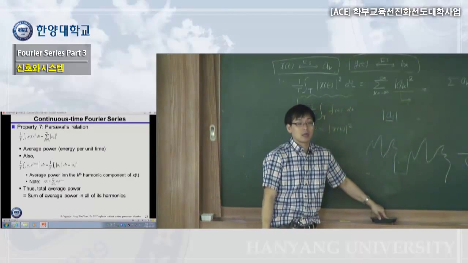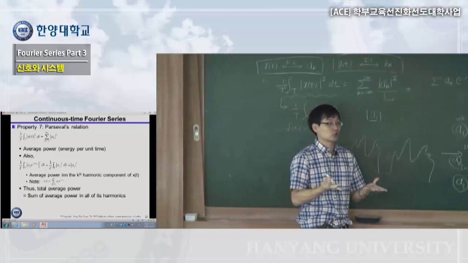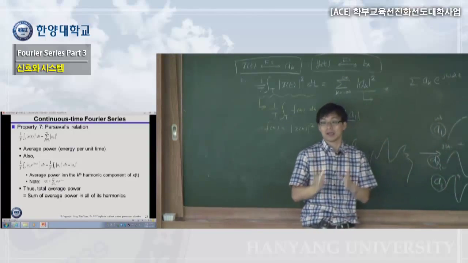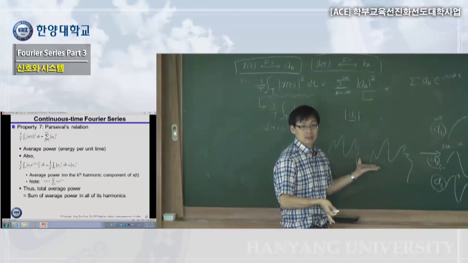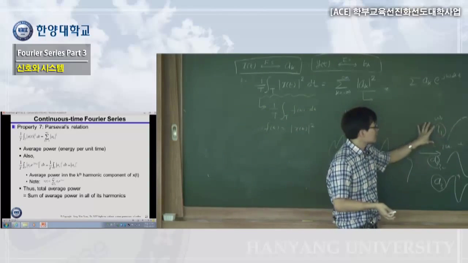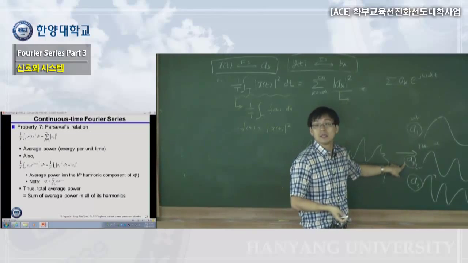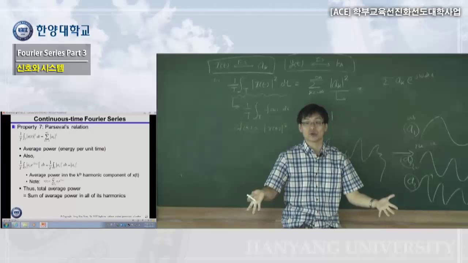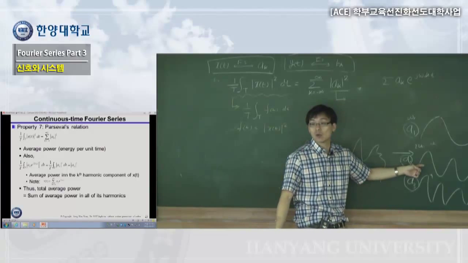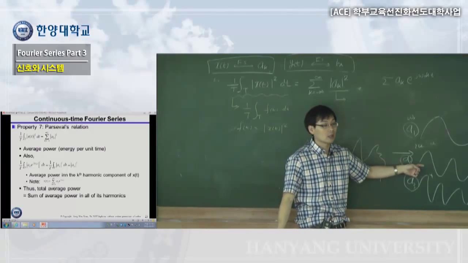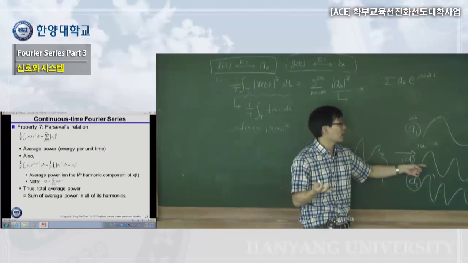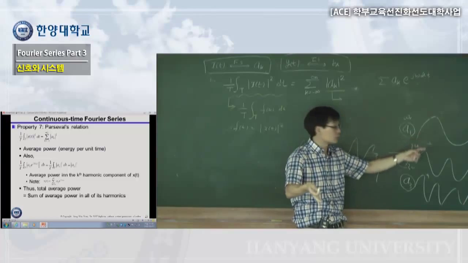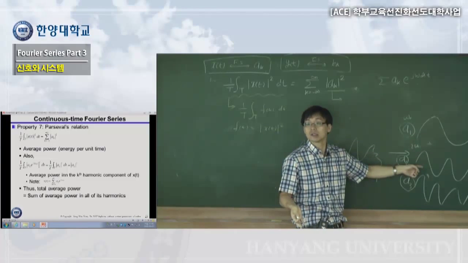This ak represents how much each frequency component occupies in x. If this is 10, this is 1, it means that this one has 10 times the occupation compared to 1 time occupation. We can think of it as, okay, this frequency component is more dominant compared to this frequency component.